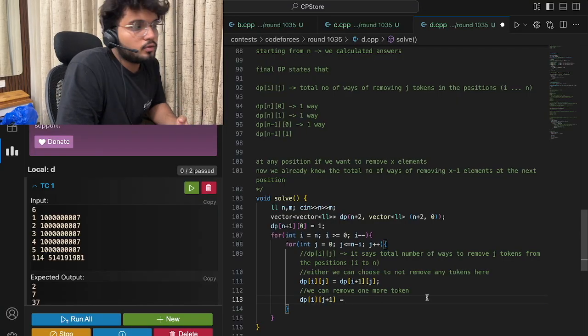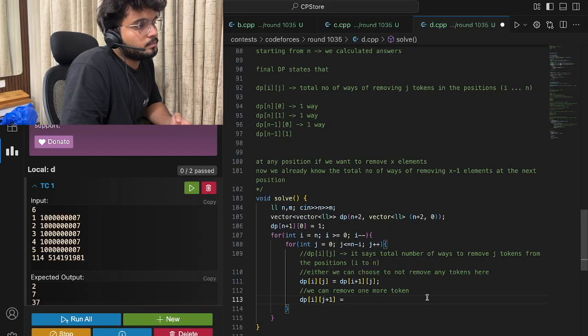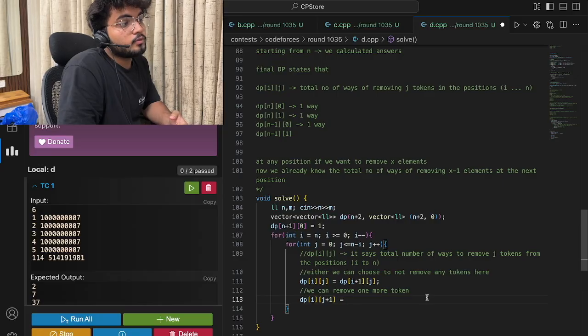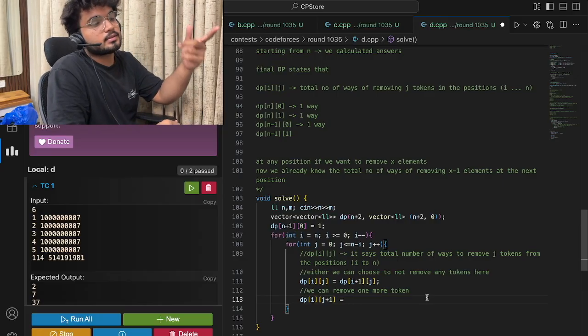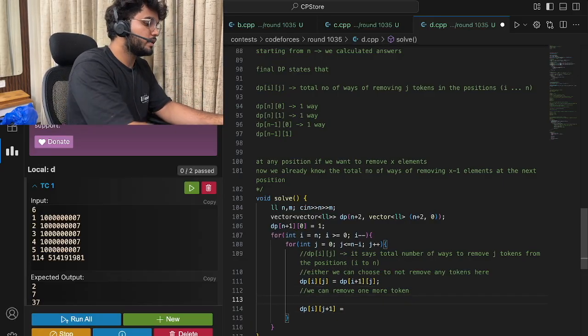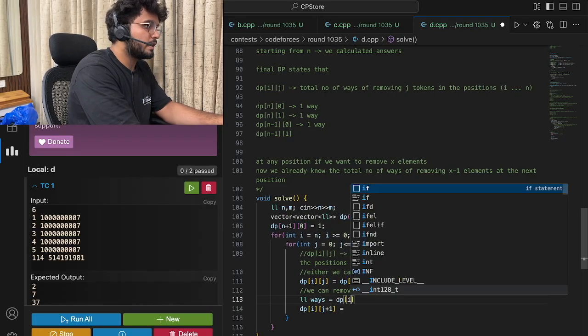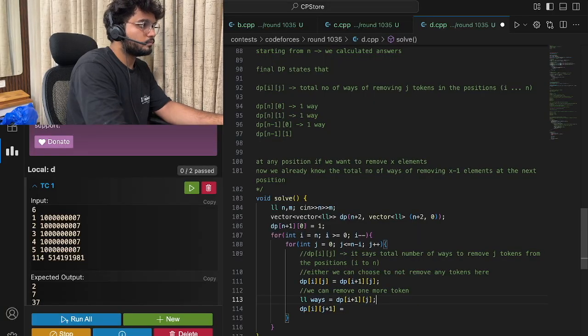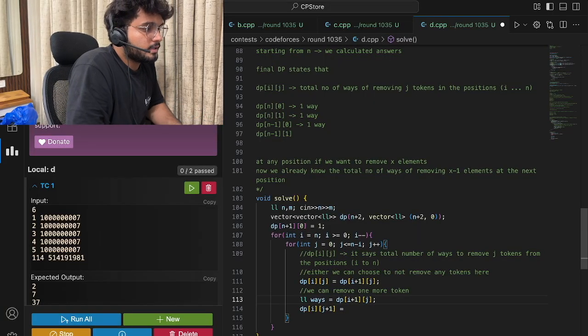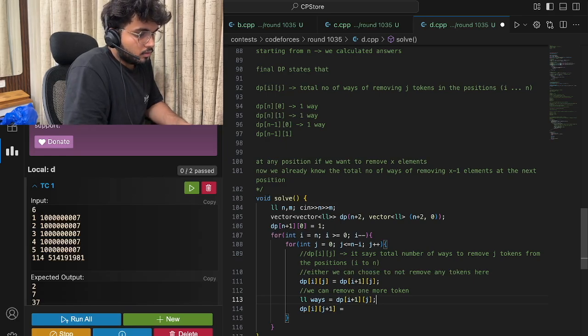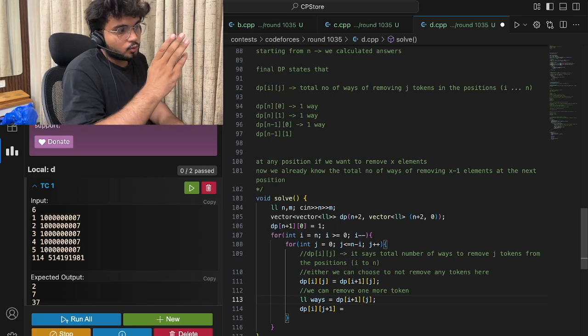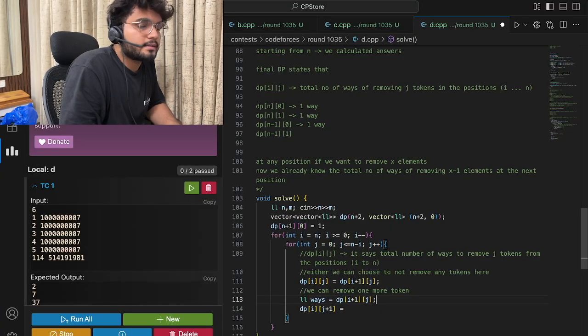So now we will have to look at the total number of ways of removing j tokens in the next position, right? So that ways were dp of i plus 1, j. Okay, and see how many positions can be responsible to remove a token from this particular index.